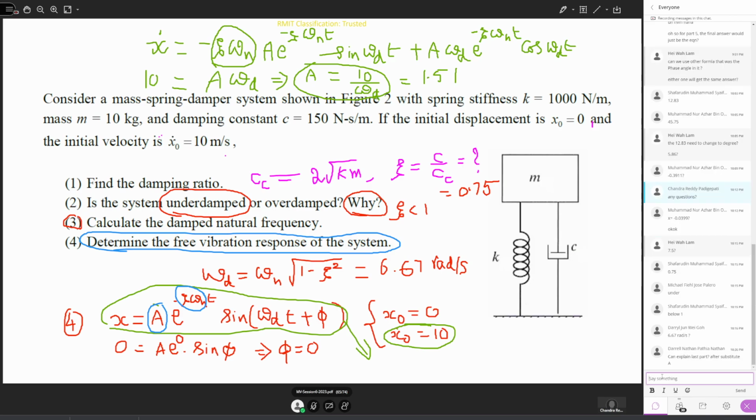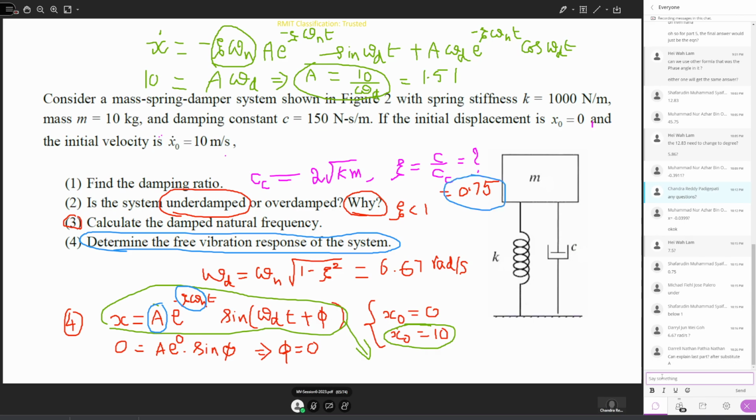Can you explain the last part after substituting A? So you just write down A value 1.51. Then exponential eta into omega n. You calculated omega n, you can calculate it from k by m under root, right? Eta value you already know.